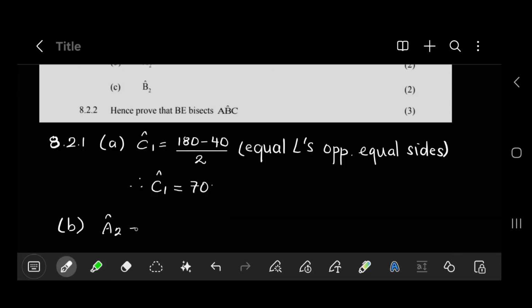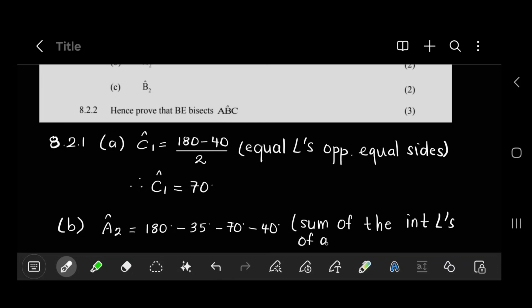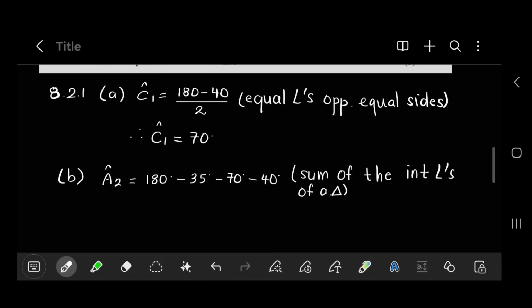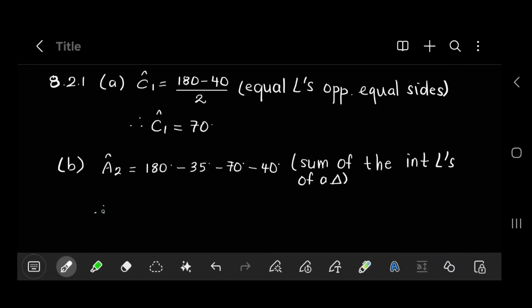So we have angle A2 is 180 minus 35 degrees minus 70 degrees minus 40 degrees. That was the sum of the interior angles of a triangle. And that leaves you with angle A2 being equal to 35 degrees.